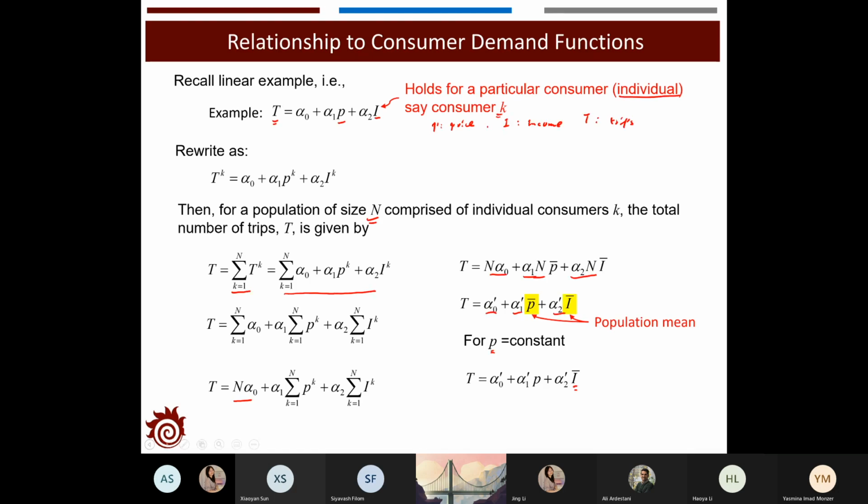Based on this information, we can then find the elasticity, especially the price elasticity and income elasticity, for the demand functions. From this equation, we can identify the number of trips as a function of the price and also the income.